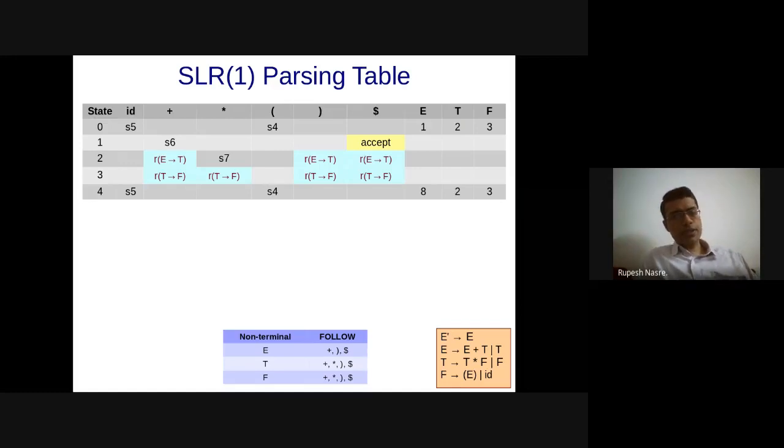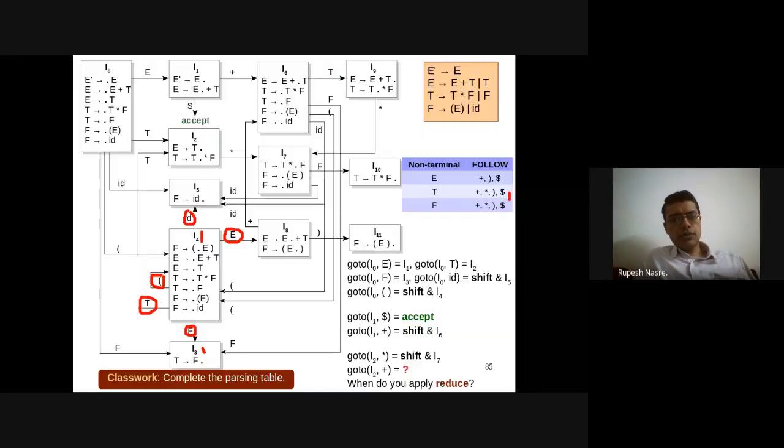Whenever you complete, let's say I5. Let me go back here, that will help you. So I5 is here. As you can notice, there are only going to be reduce entries in I5, similar to I3. So what would those reduce entries be? What would be the columns?